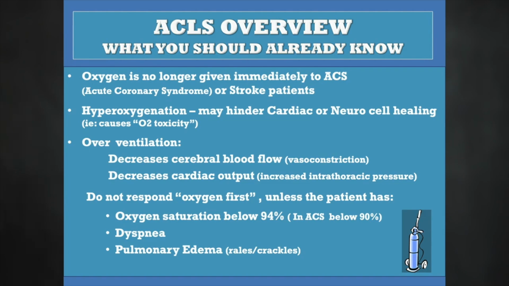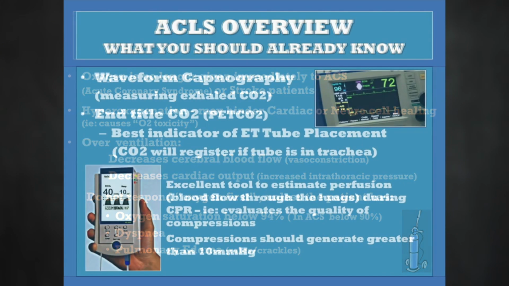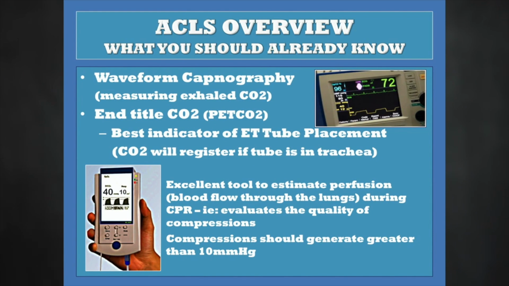We have the ability to measure oxygen saturation with a pulse oximeter, which is a device we've been using for 40 years. Remember that waveform capnography, or CO2, really has only been used routinely probably since about 2015 or 16. So remember, in ACLS, we use it as the patient exhales. We measure the waveform and the numeric value, and we're looking for a patient who has their own pulse to have a CO2 of 35 to 45.